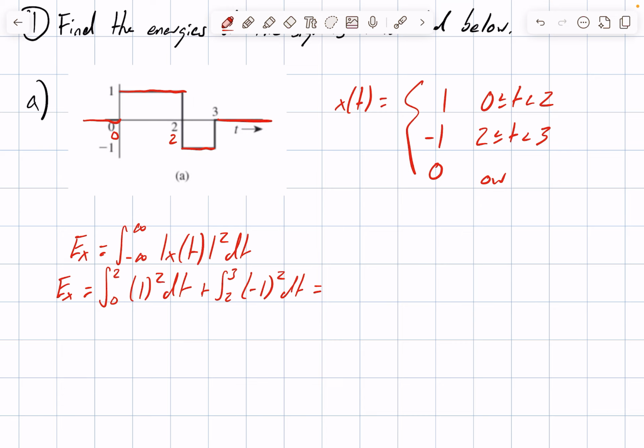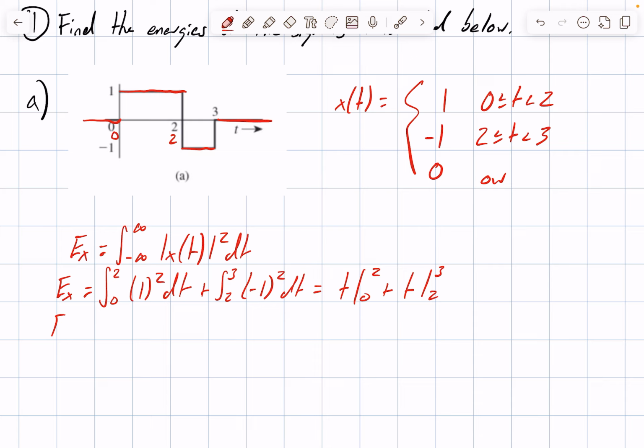And so simplifying this and also just doing basic calculus all at once, we know that for dt, the integral of that is just t from 0 to 2, plus, once again, t, because negative 1 squared simplifies to 1, and that becomes t, from 2 to 3.